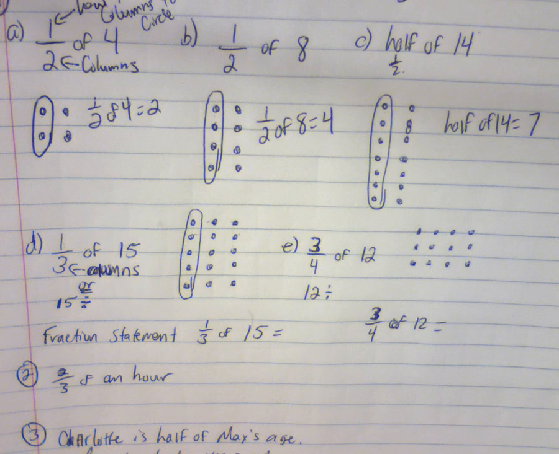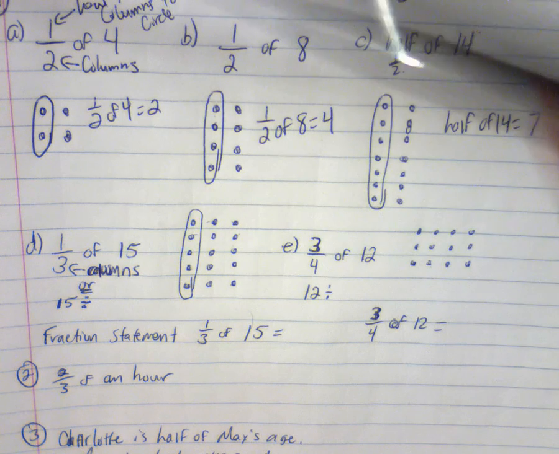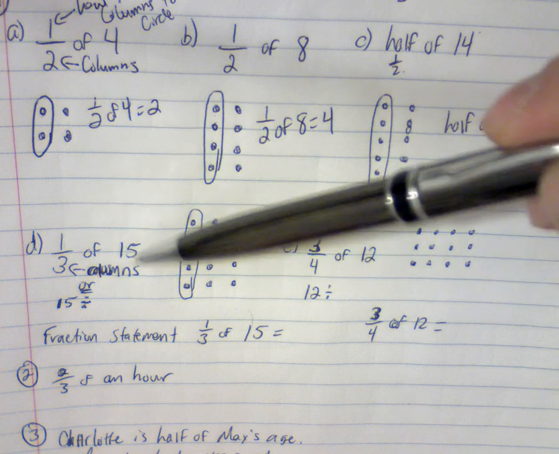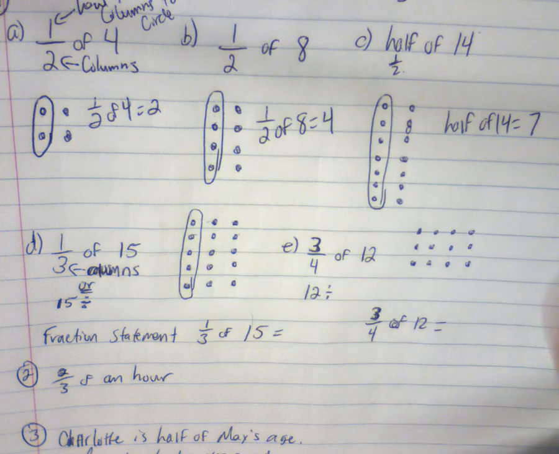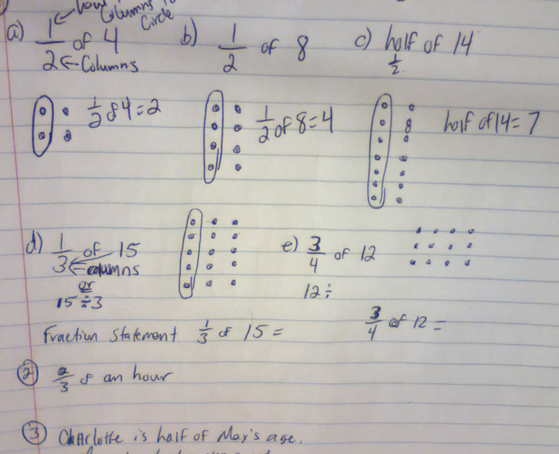Now there are 2 different ways of doing this. We can do it this way, and you can keep drawing dots for the rest of your life. And if the number gets up into the thousands, good luck to you, because that's a lot of dots to draw. Or what we can do is divide: 15 divided by the bottom number, 3.